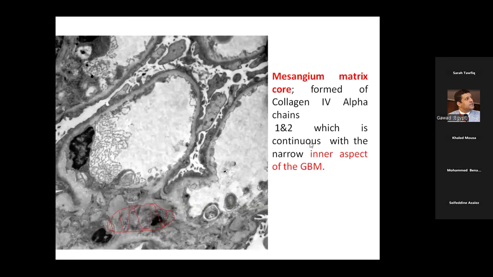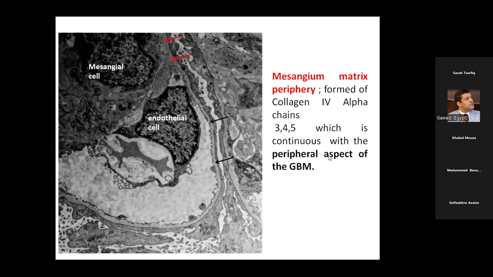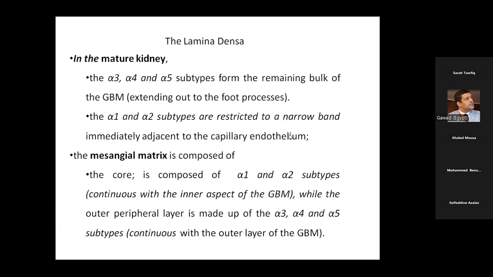Let's go to the mesangial matrix, which we said is continuous with the glomerular basement membrane. It is formed of collagen 4 alpha chains 1 and 2, which is continuous with the inner aspect of the glomerular basement membrane, only subendothelially, but the rest of the glomerular basement membrane is formed of collagen 4 alpha chains 3, 4, and 5.